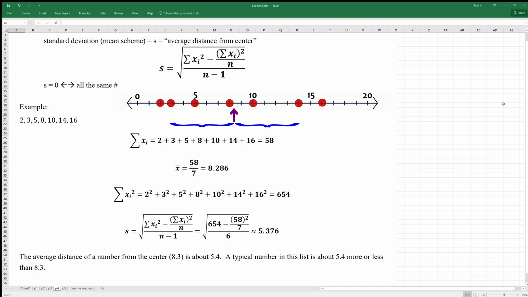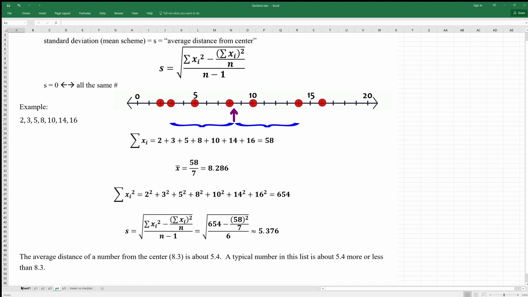Balance takes into account not just what side of the line things are on, but how far away they are as well. So if I move this marble over here to 40, then it's going to have a pulling effect on the mean. It's going to balance a little bit more to the right than it did. On the other hand, if I take this marble and move it way in here, then it's going to pull the balance this way, toward the left.